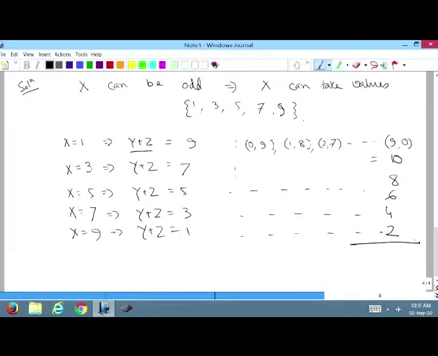Therefore, the total is 10 plus 8, 18 plus 6, 24 plus 4, 28 plus 2 is equal to 30. Therefore, probability x is odd is equal to 30 upon 66, which is 5 upon 11. So, that is the answer.